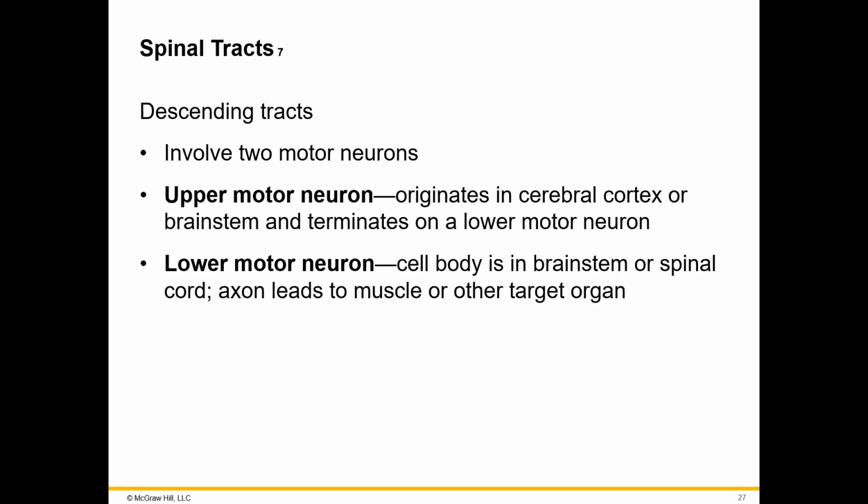They descend from the brain, and this is the point where you have your first order neuron, and this is the second order neuron, targeting the effector. Now we're carrying a motor output.